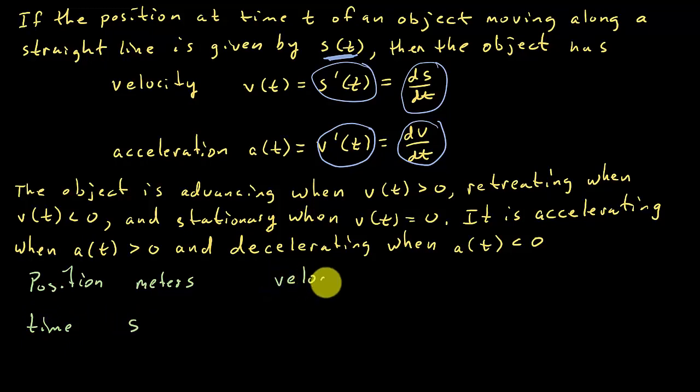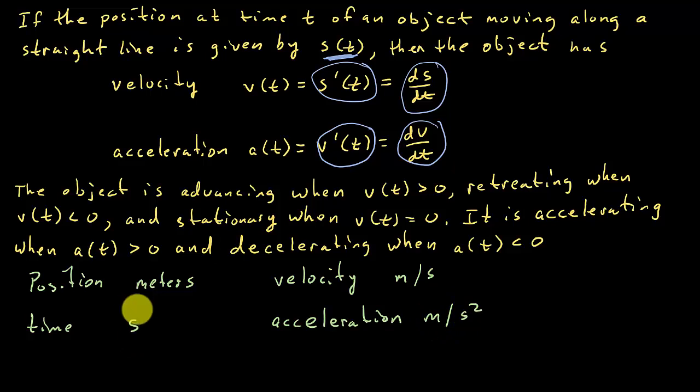Well, the velocity would be written as meters per second. That's how you would write your units. And then if I'm dealing with acceleration and I'm in meters and seconds, that would be meters per second squared. Okay, so that's the unit. Or if it's feet and seconds, that would be feet per second and feet per second squared.